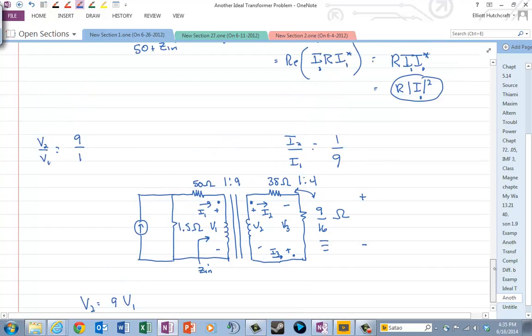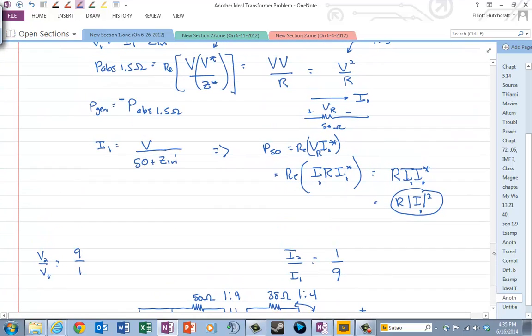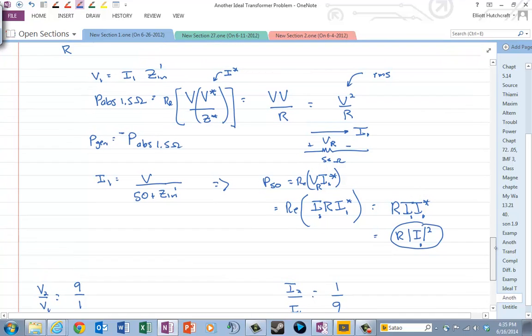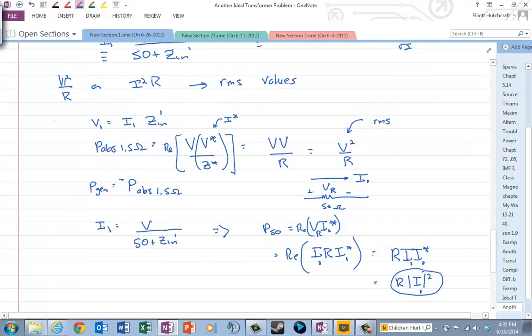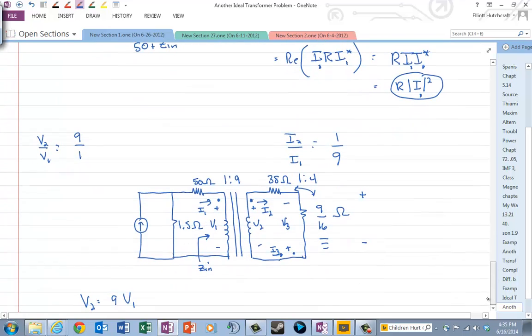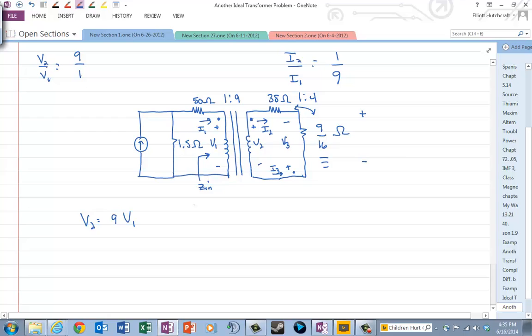And notice above I've already found V1 right here using that equation, and I also have I2 is I1 over 9, and since I know I1 I can find I2.